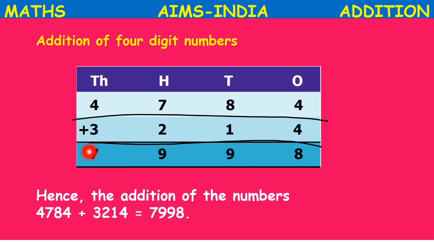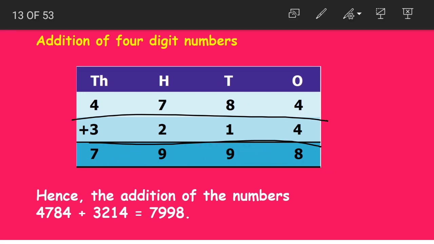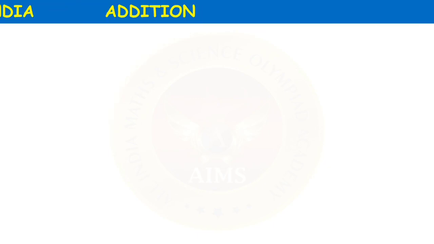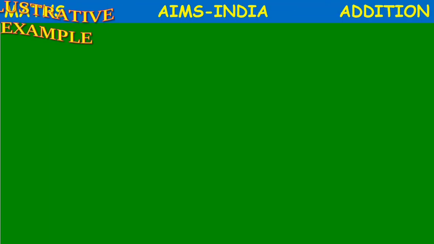Hence the addition of the numbers 4784 and 3214 is 7998. Again these two numbers become the addends, and the answer becomes the sum. Okay children?